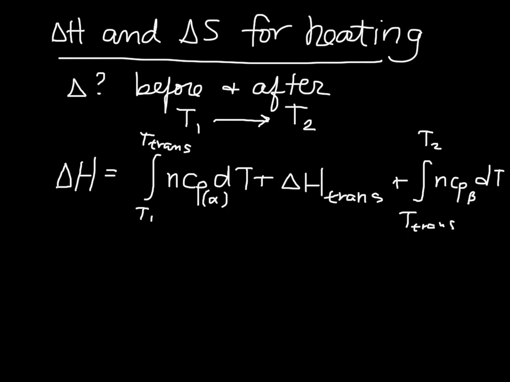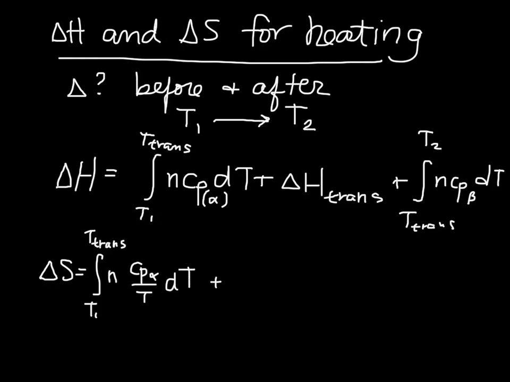In the case of an entropy change, we use essentially the same approach. So we're integrating from T1. Let's assume that we still have our phase transformation present. So this is now nCp divided by T dT.